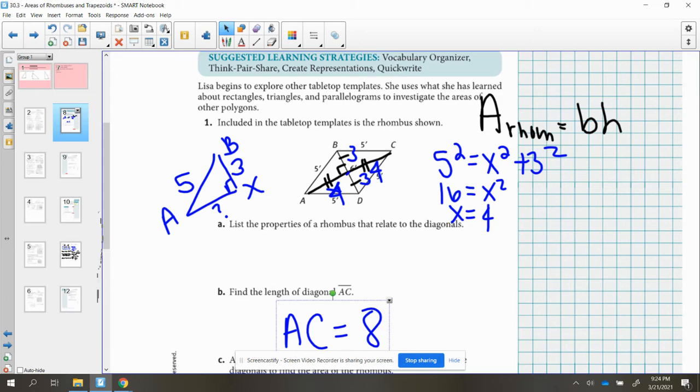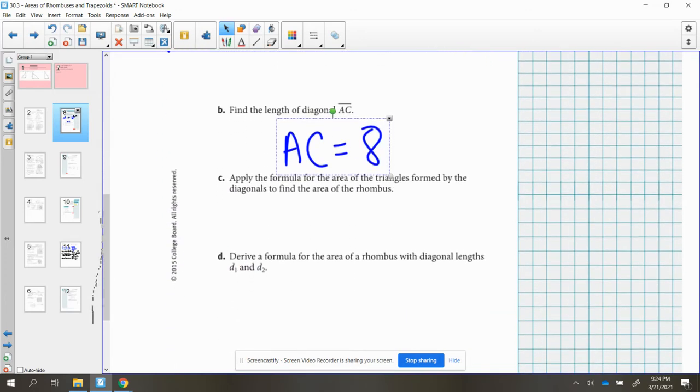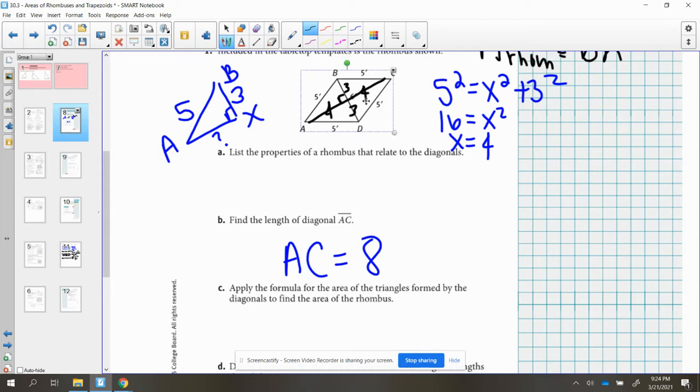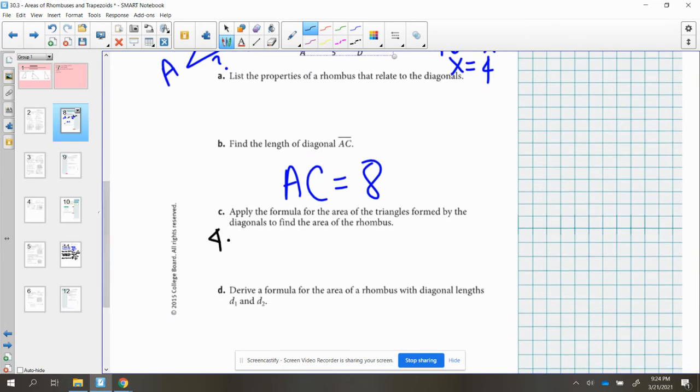Now, if we wanted to figure out the overall area using these triangles, officially what's going on here is we have 4 congruent right triangles, right? Each of these are 3, each of these are 4. So it's basically saying 4 of these triangle areas equal the area of our rhombus.